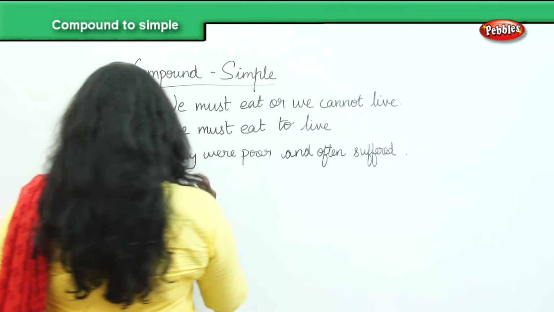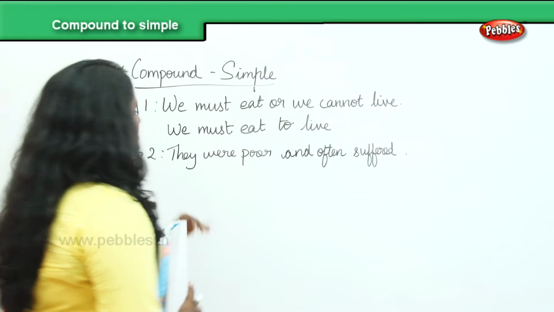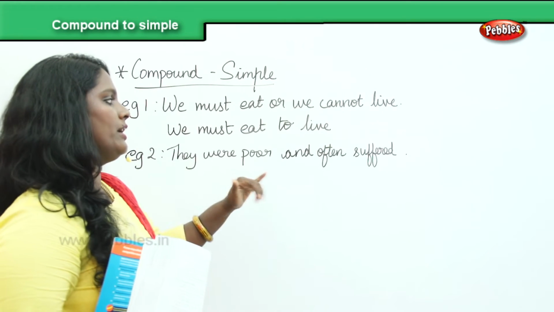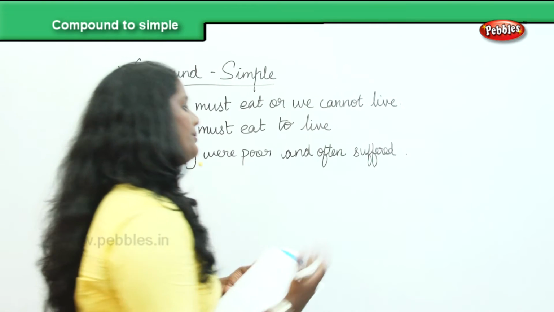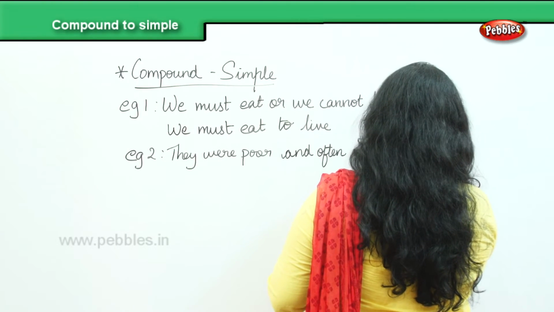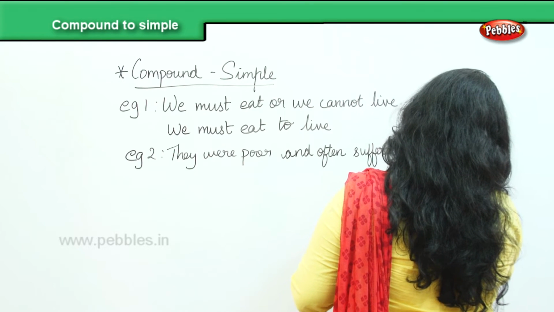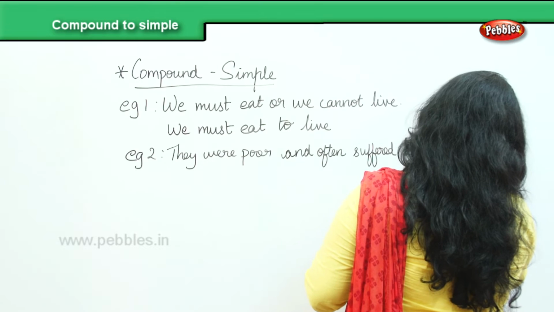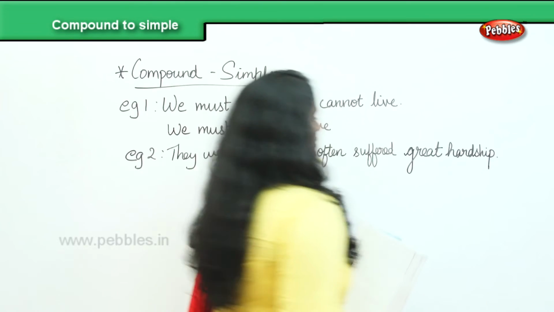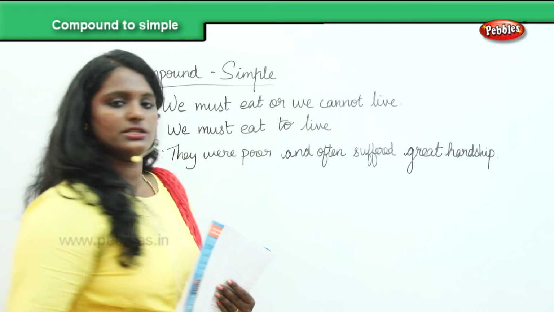When I convert it, I can also have a complete sentence like, they were poor and often suffered great hardship. They were poor, often suffered great hardship.